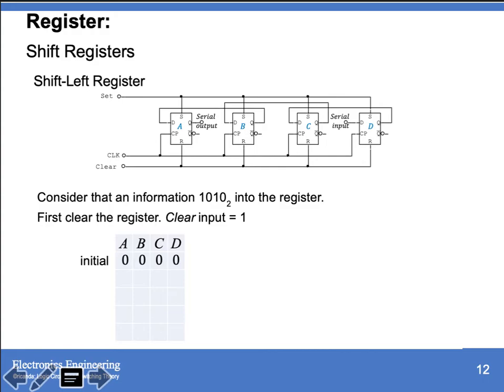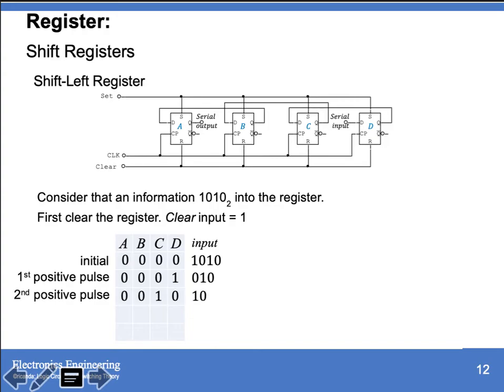And we have your input at the rightmost side of your register, equivalent to 1010. On the first positive pulse, your 1 will go to D. D will go to C, C will go to B, then B will go to A.